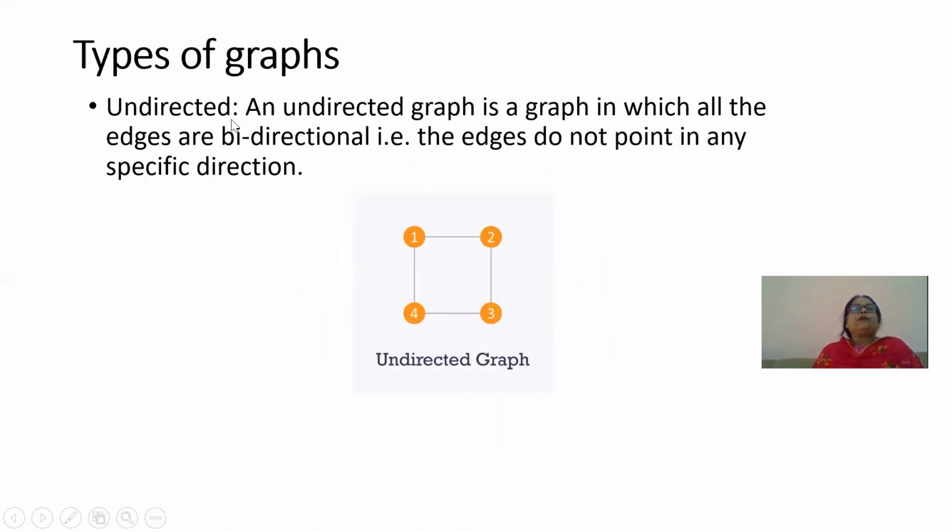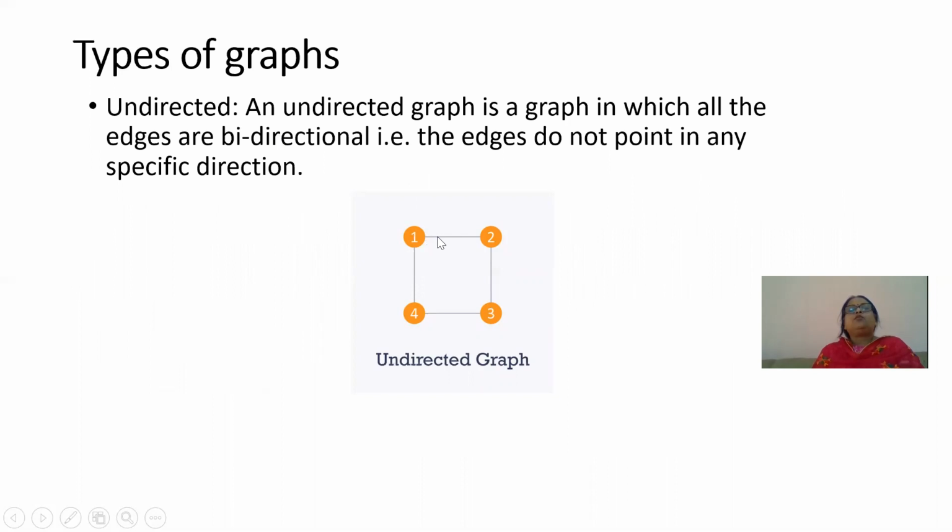Two types of graph I discussed here: directed and undirected. In an undirected graph, there is no direction in the edge. It is bidirectional.